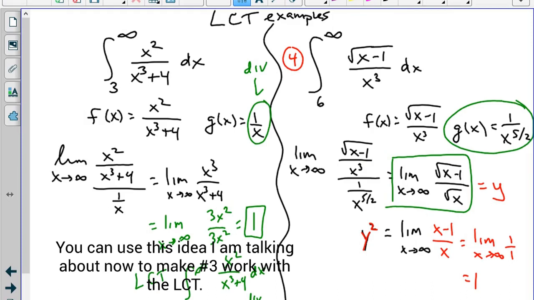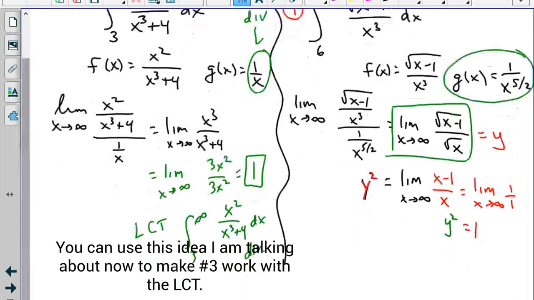But if I pretend like this is equal to y and I square it, then I end up with a limit that's equal to 1 using L'Hopital's rule. So then the limit of the actual function is also equal to 1, because when I square root both sides, I end up with 1, since this is some limit L by the limit comparison test.